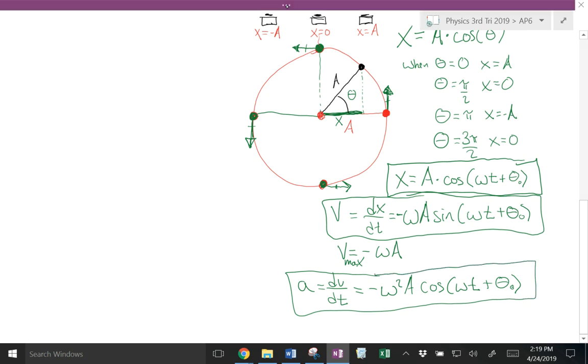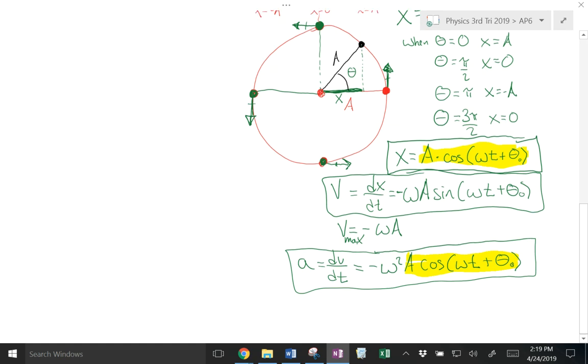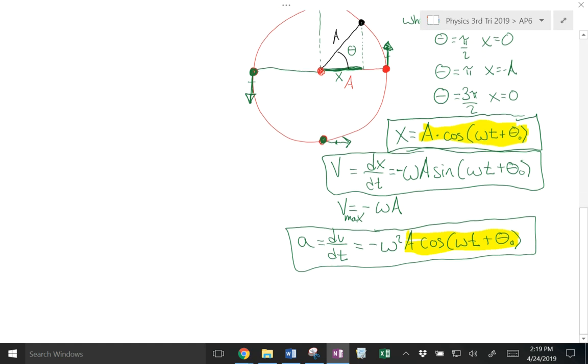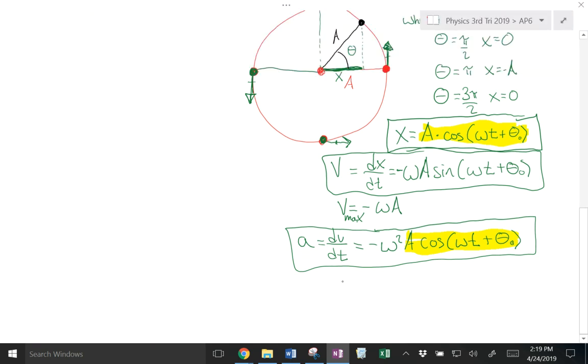But if you look at acceleration as a function of time, this shows up in there, right? Here I have a cosine omega t plus theta naught. So I can just go ahead and do a substitution and get acceleration as a function of position as well.